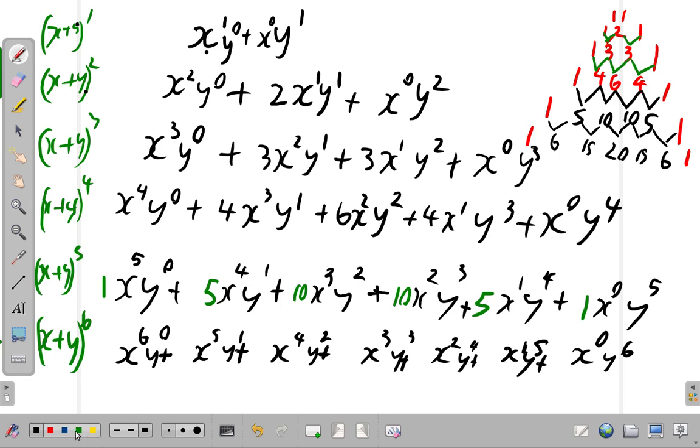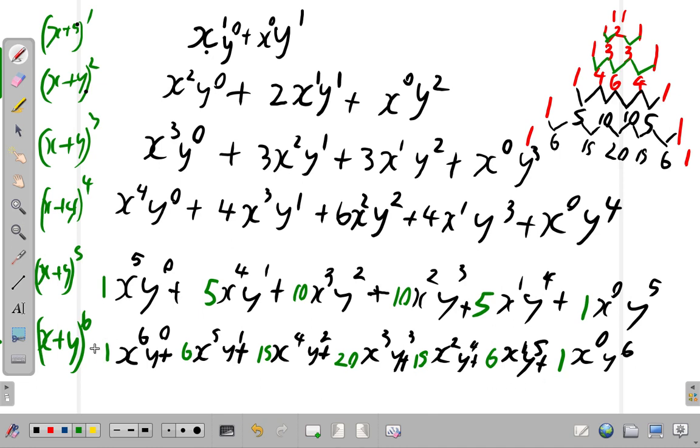So the numbers, it seems, would be 1, 6, 15, 20, then 15, 6, 1.